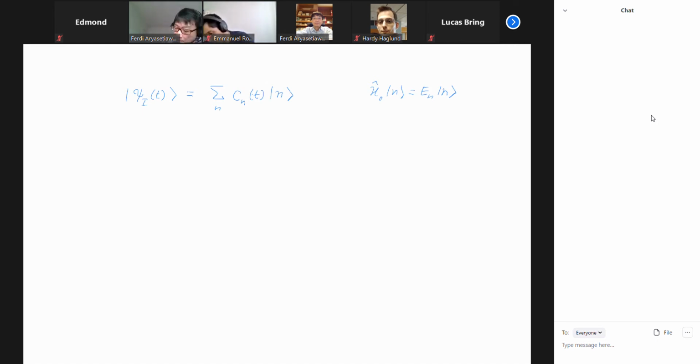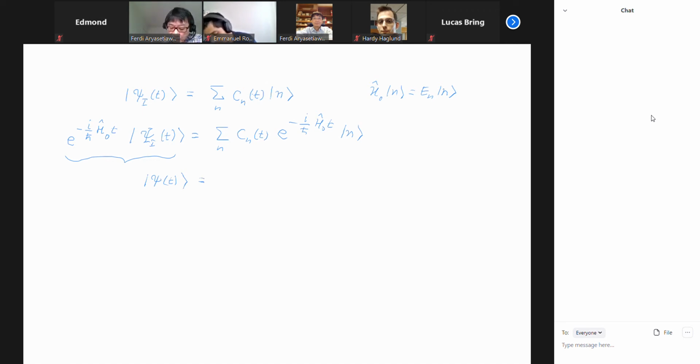So if we multiply both sides by exponential of minus i H0 t divided by h bar, then this is just the state by definition.